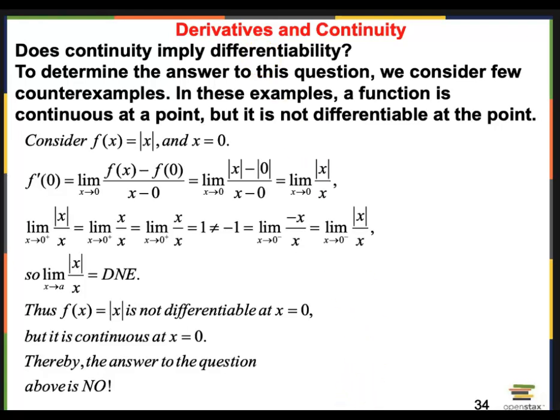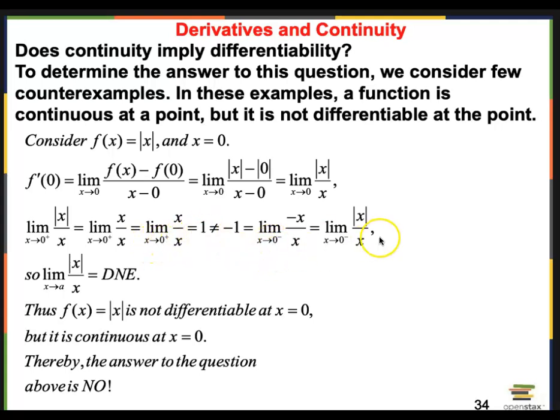So let's consider the absolute value function at x equals 0. Here we take the limit of the function as x approaches 0. We have the limit of the absolute value of x over x as x approaches 0. When we break this down, looking at it from the right, it's 1.